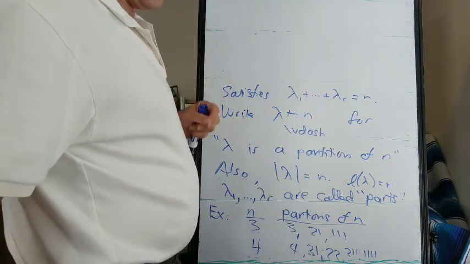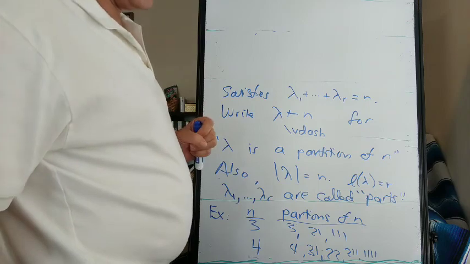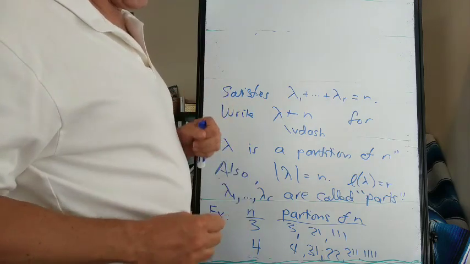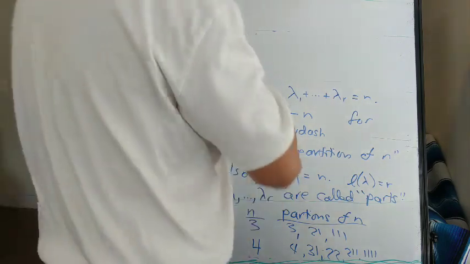A useful way to organize the partitions of n is to write them in a poset called the dominance order or majorization order.